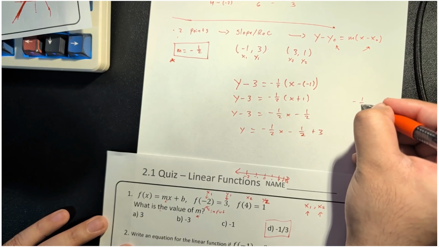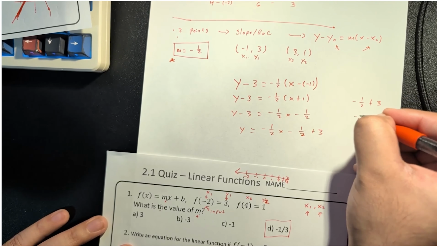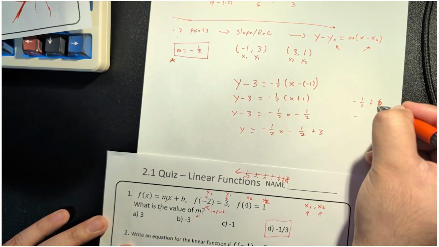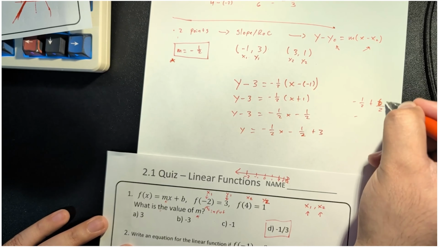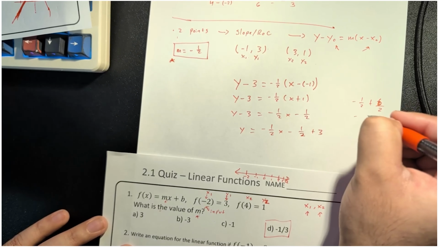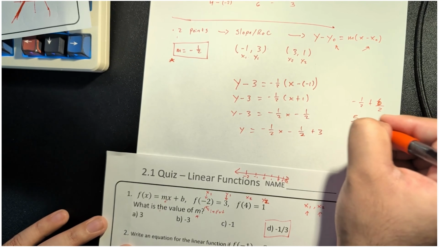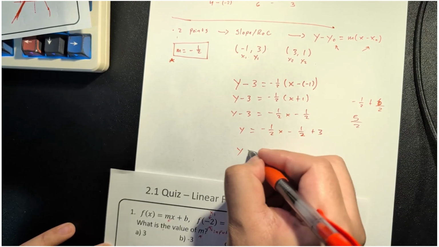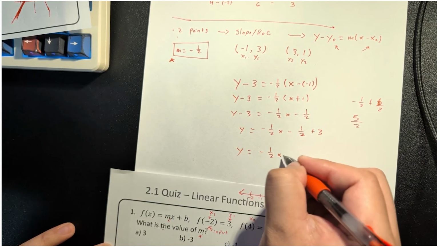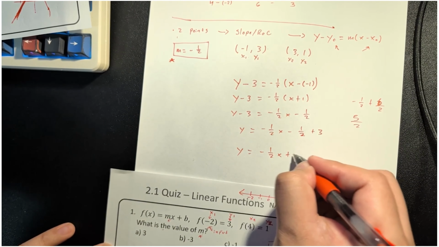What is this? 1 plus 6 over 2? I think so. Yeah. So then this is 7 over 2. So we have y is equal to -1/2 x plus 5 over 2.